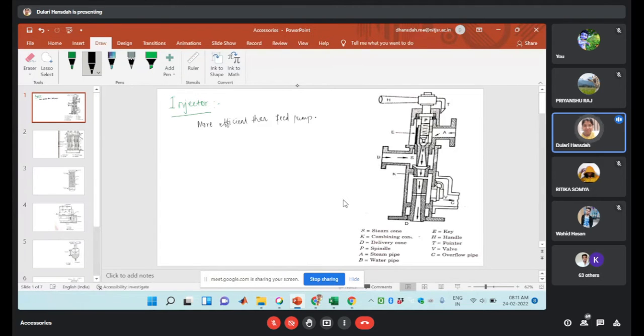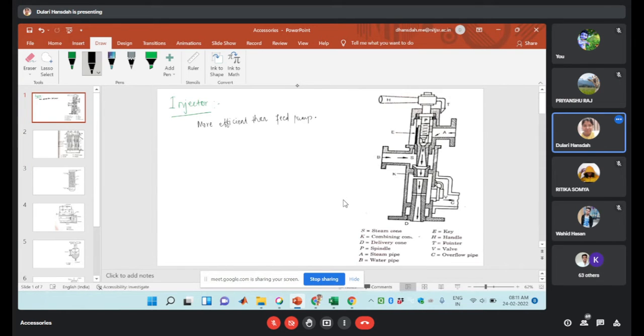In this case, another thing is that the kinetic energy of the steam will be converted to pressure energy. So the pressure of the condensate at delivery will be more as compared to the inlet steam pressure.